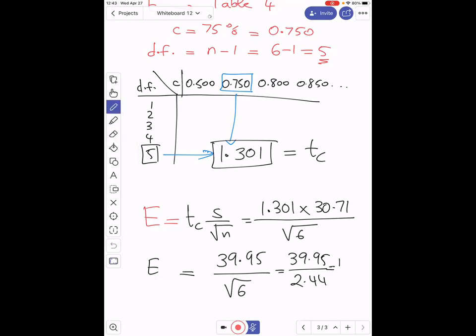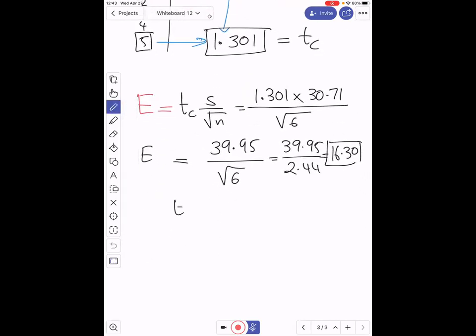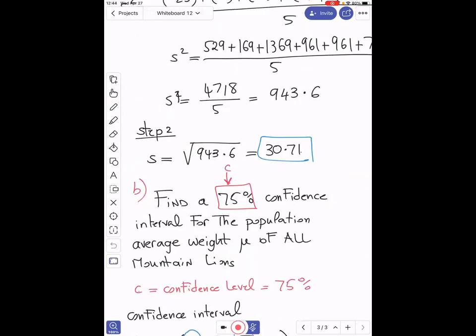This is 16.30. So what we are saying here is that this margin of error E is 16.30. And so the answer, the confidence interval, is X bar minus E, X bar plus E. Our X bar, the sample mean, we said it's 91.